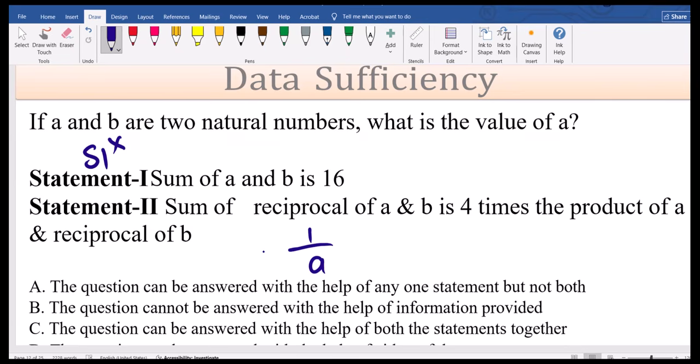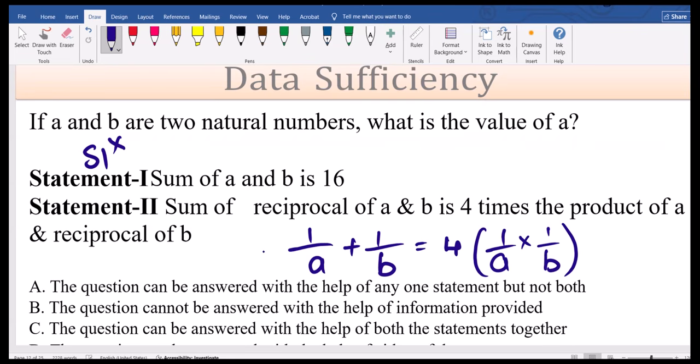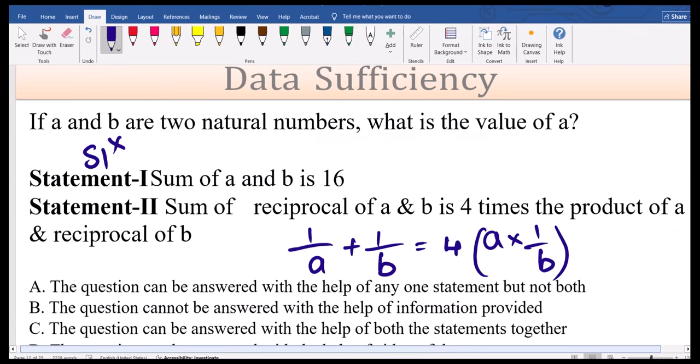Sum of reciprocal of A and B means 1 by A plus 1 by B is 4 times the product of A and reciprocal of B. So product of A and reciprocal of B, A into 1 by B. Agreed.